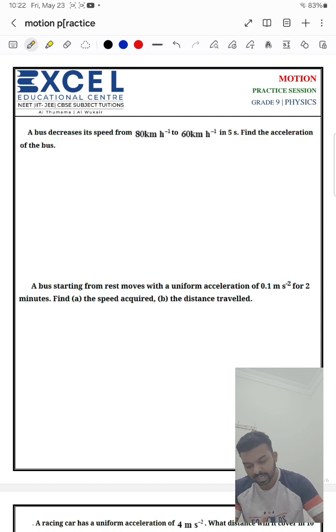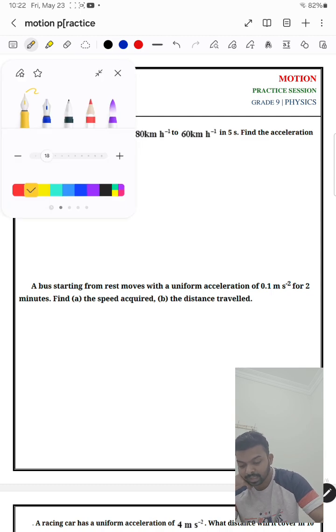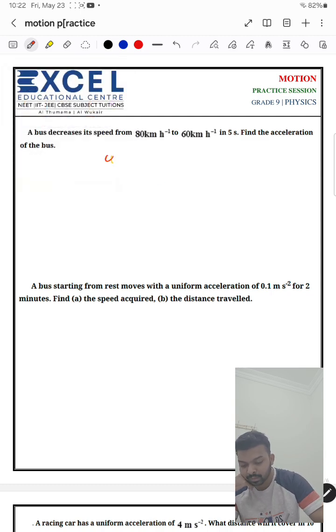It is given that it is coming with a speed of 80 kilometer per hour, and later it goes to 60 kilometer per hour. So the initial velocity u is equal to 80 kilometer per hour, v is equal to 60 kilometer per hour, and the time is equal to 5 seconds.